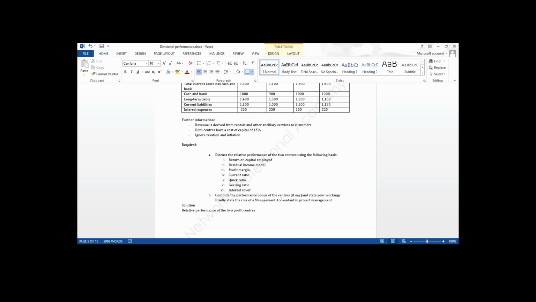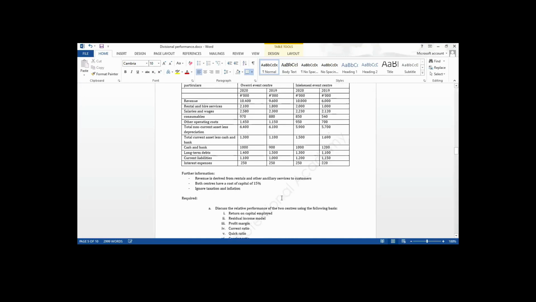We call it consumables. For the event center, they will have restrooms.